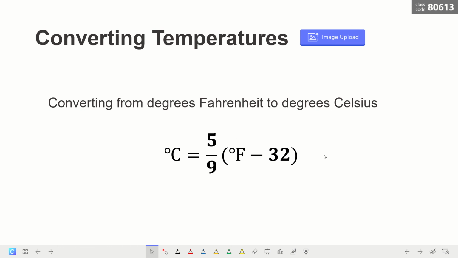So in real life applications, for example in science, there are a lot of concepts that show an application of inverses. So dito, 'di ba, degree Celsius and degree Fahrenheit.